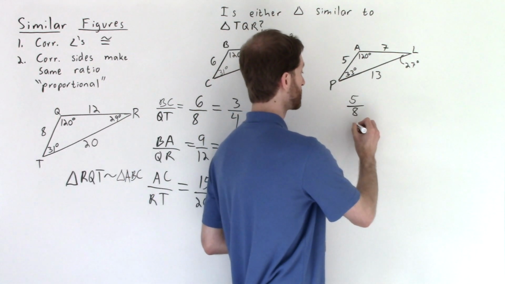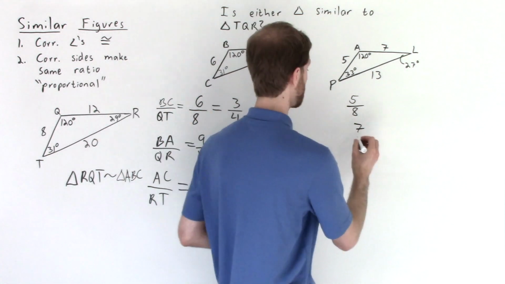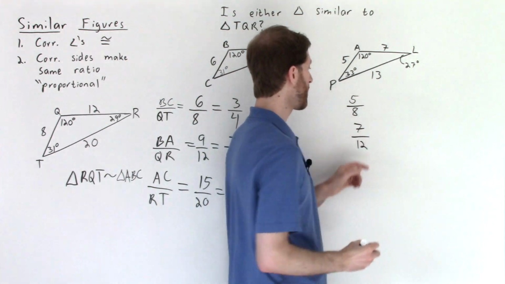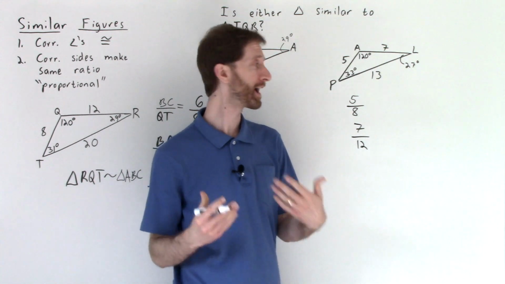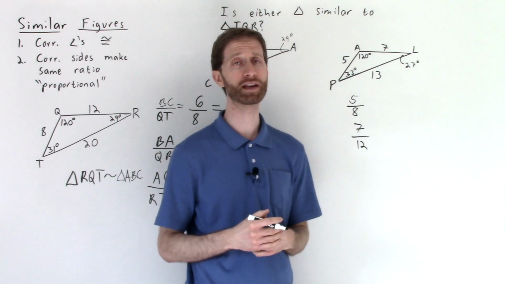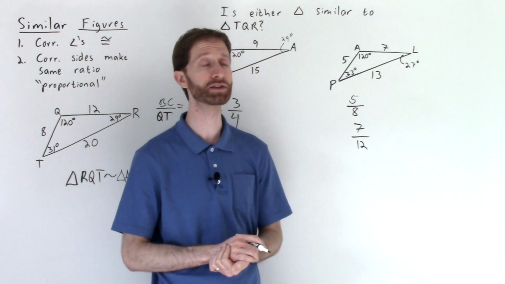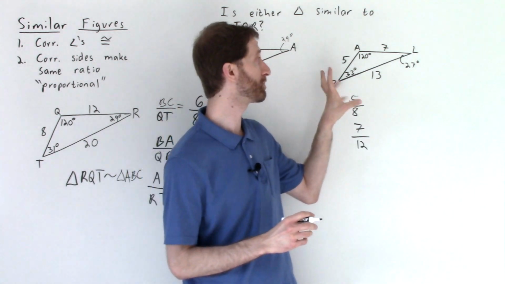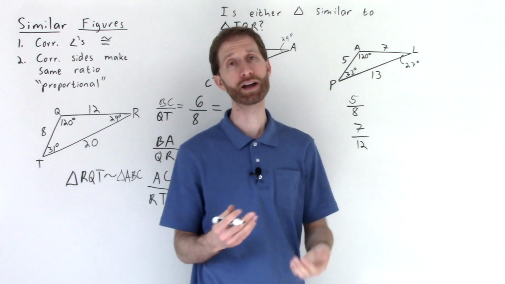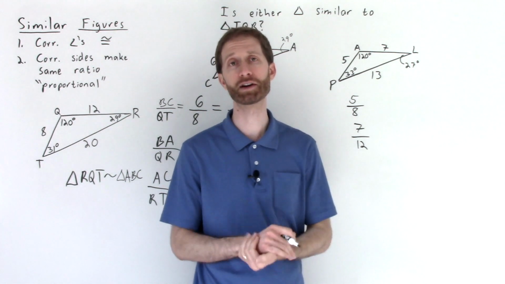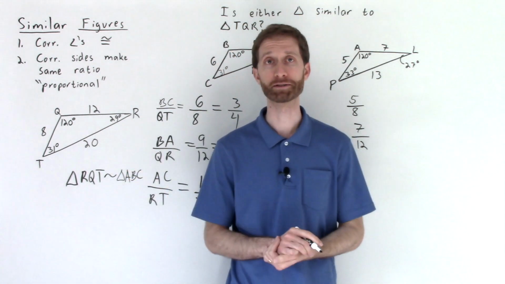Well, LA is 7, but RQ is 12. And these are both in reduced form, and 5/8 is not equivalent to 7/12. So they don't even have the same ratios. So while these triangles appear to maybe be close in shape, they're not similar to each other. So we don't have a similarity statement to write like we did for this one.